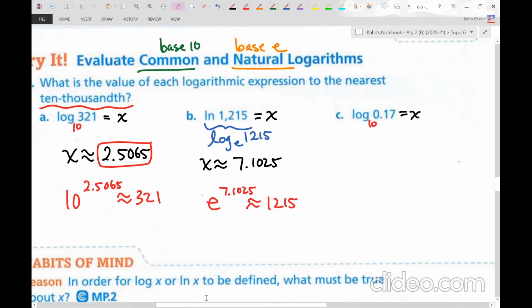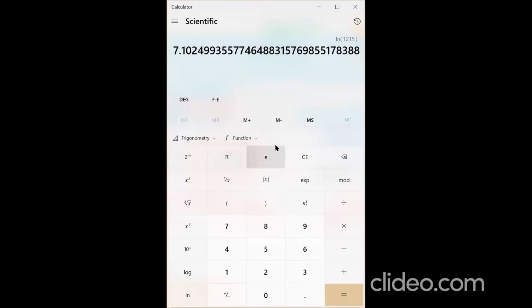Let's punch that into the calculator. Here we go. Okay, cancel that. 0.17 log. Ooh, we get negative 0.7696. Let's copy that over here.